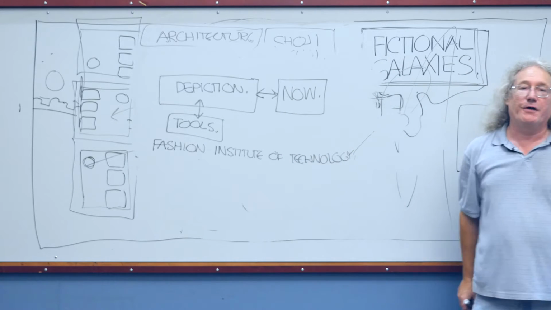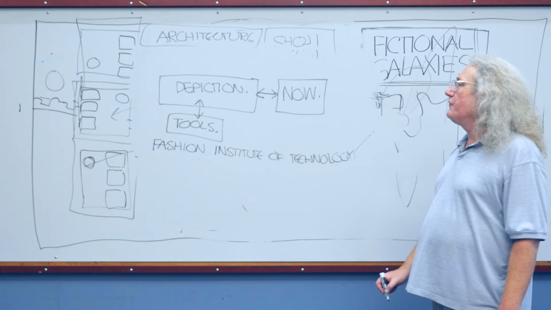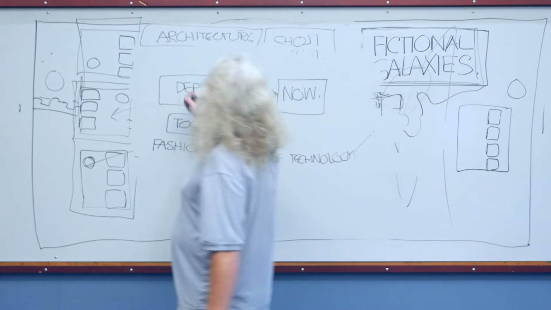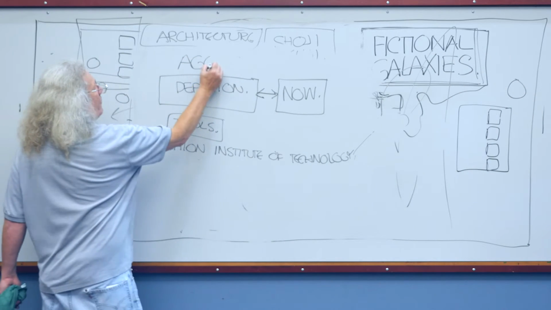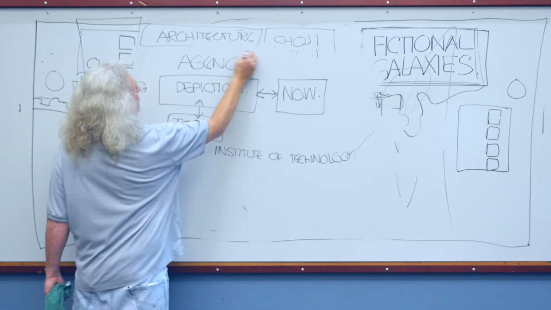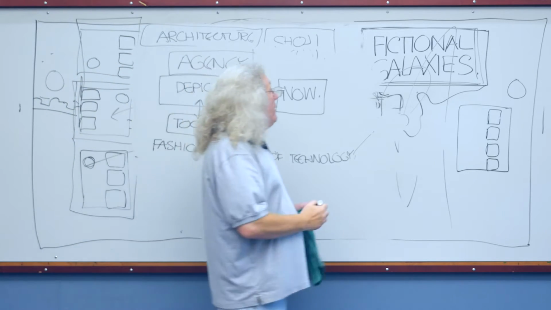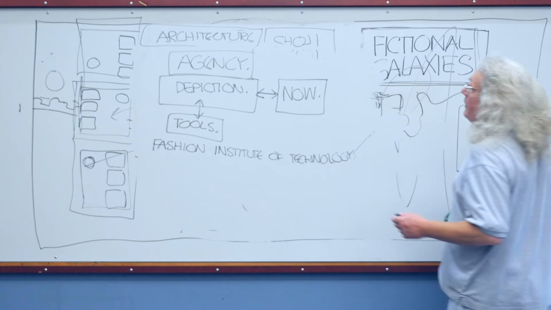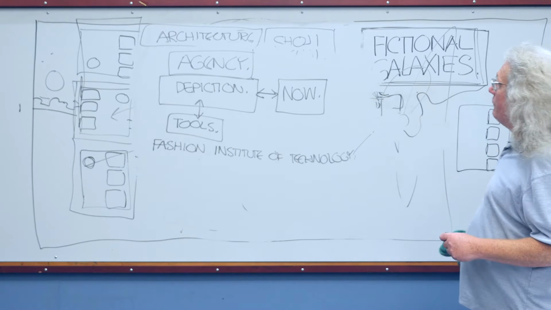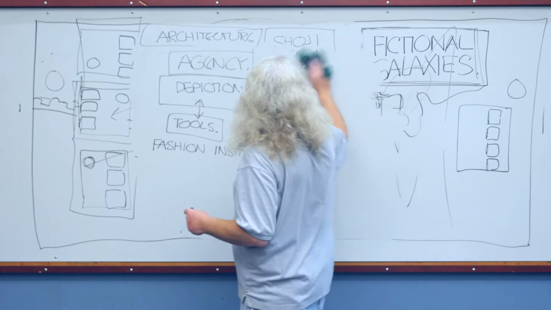Depictions are technology. Letters are technology. Everything that we use that basically plays the role of agency or representation between one person and another is technology.